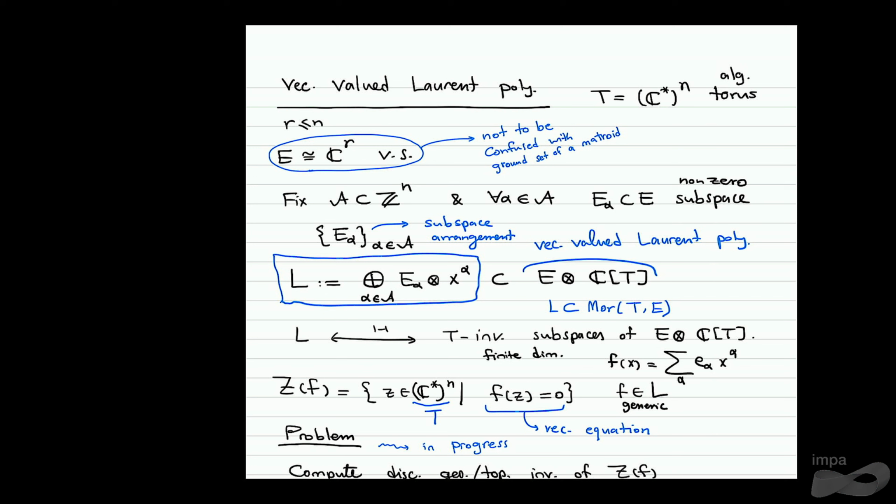And then I look at Laurent polynomials, which I can represent in this tensor product: the usual Laurent polynomials tensored with E. I think of these as regular maps from the torus T to the r-dimensional vector space E. So these are Laurent polynomials whose coefficients come from E. But what restriction do I have?